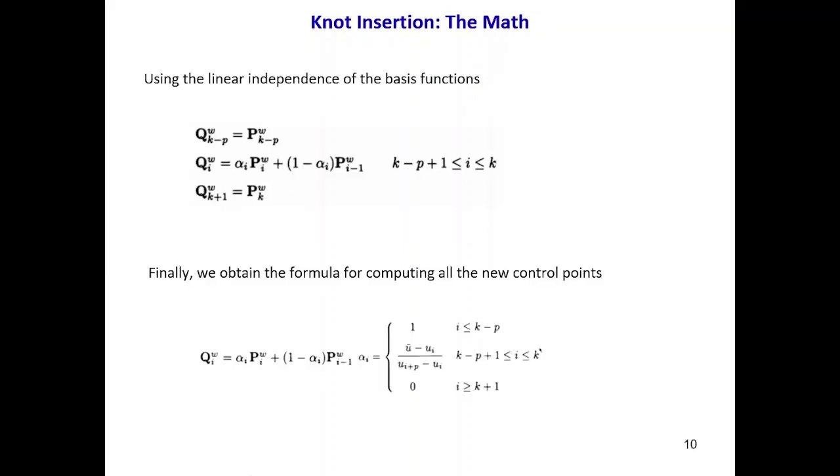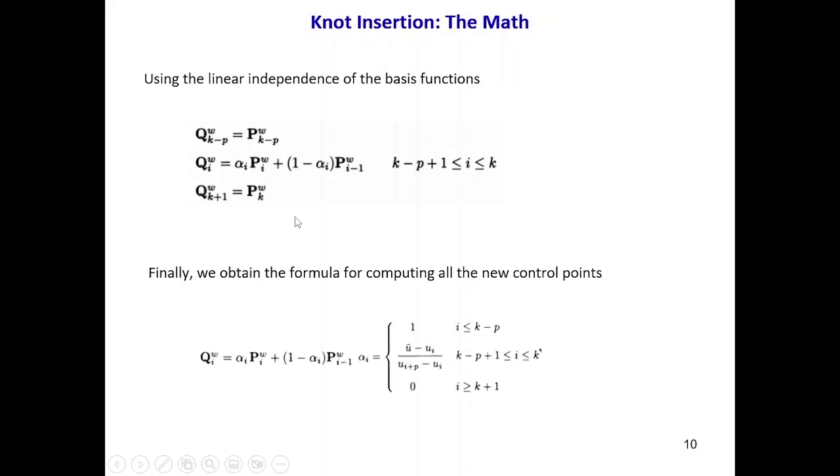Using the linear independence of the basis functions that we discussed, we will get the final equation in this form. Q_{k-p} to the power w will be equal to the old set of control points, whereas the new set of control points can be determined using this equation for all i between k minus p plus 1 and k.